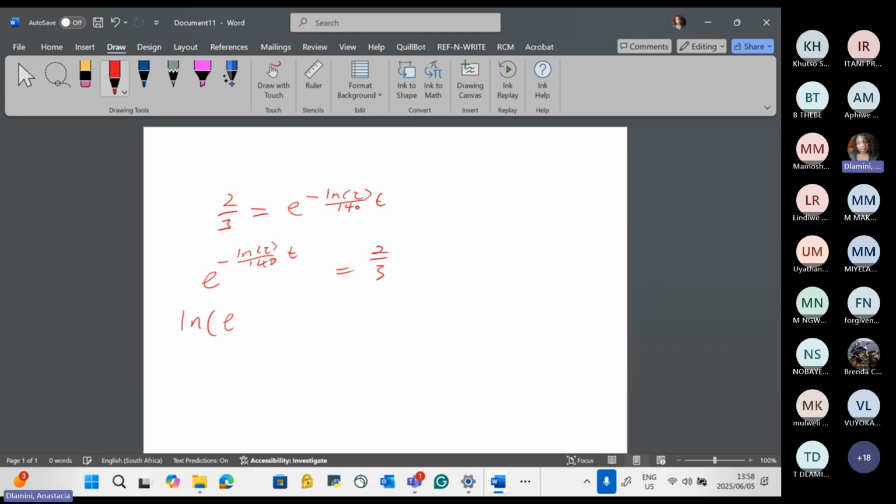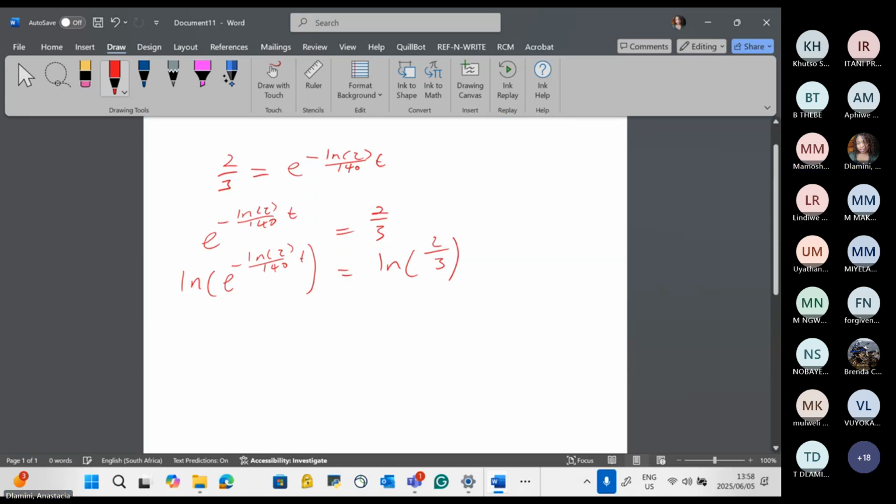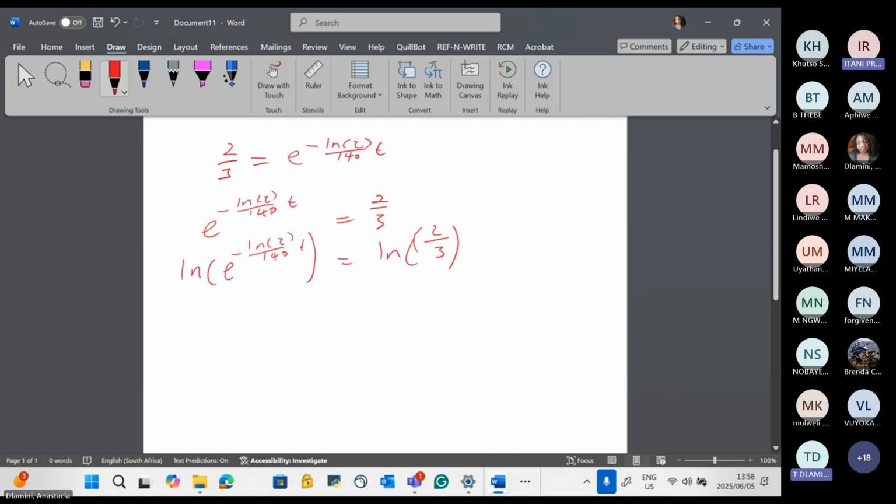ln of e to the minus ln of 2 over 140 t equals ln of 2 over 3. Then what? Bring down the exponent. We know that ln of e remains as 1, so we can just leave it like that for now.